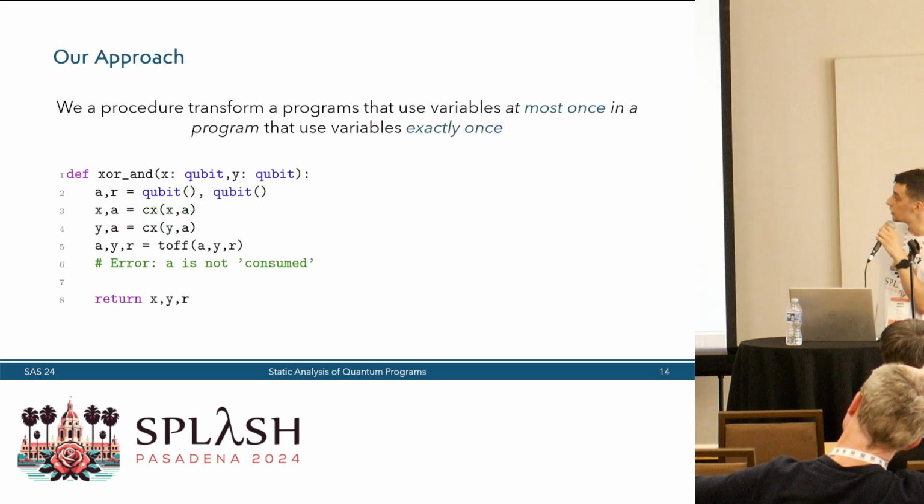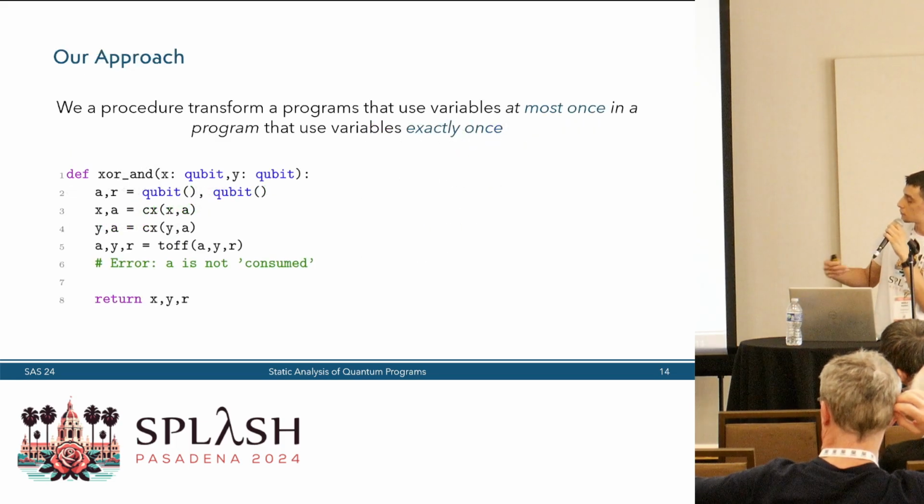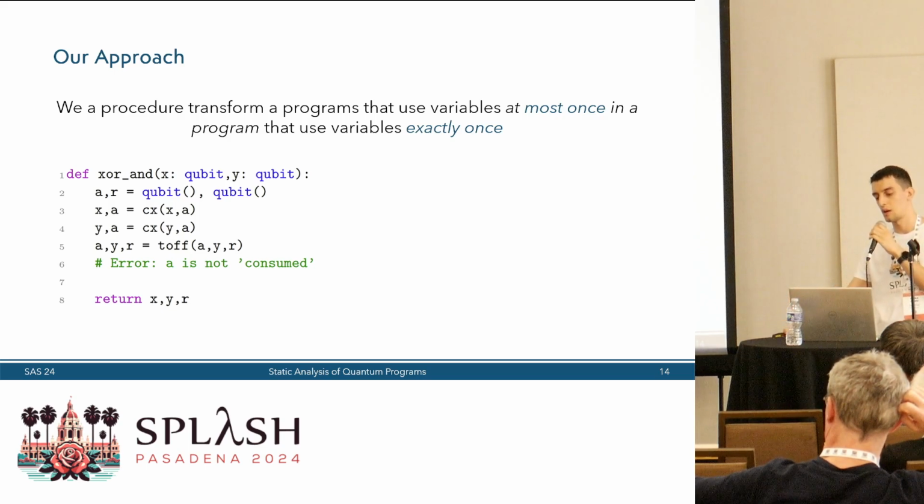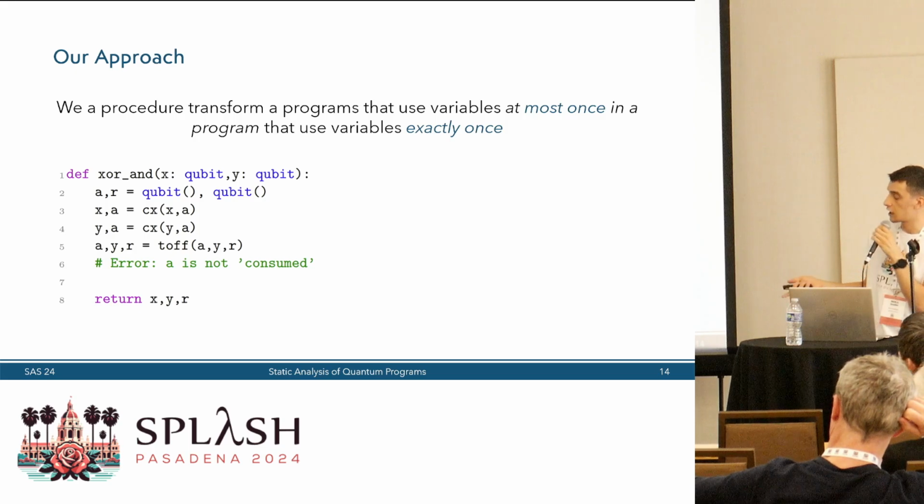For this reason, in order to make the use of the quantum language easier and to avoid the work of inserting all the discards having to be done by the programmer, we introduce a static analysis that collects all the information that is needed in a program.